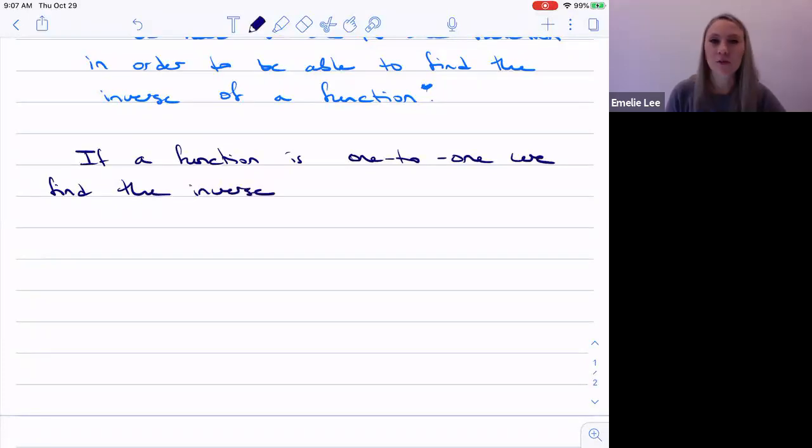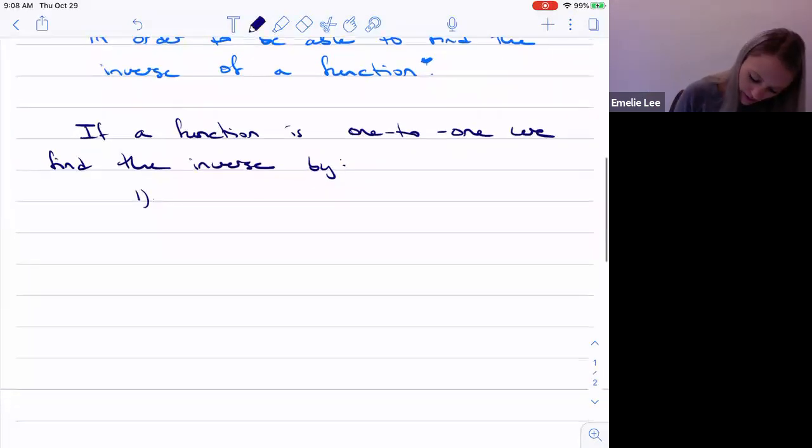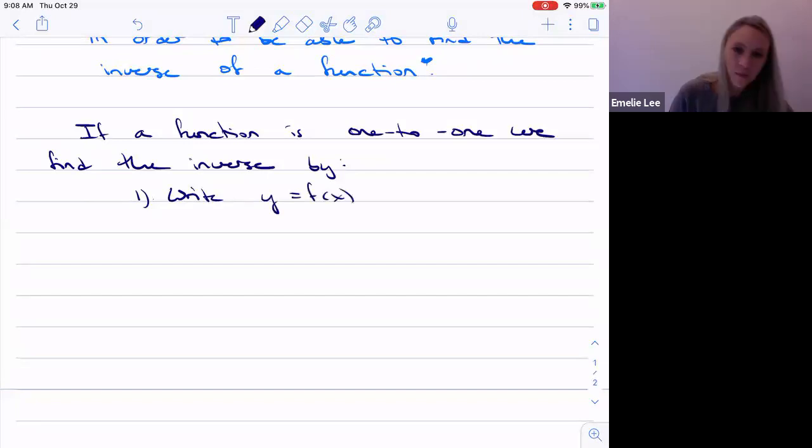And we had a couple of different ways of doing it. I'm going to stick to my way where I switch the x's and y's immediately, because then I don't have to remember to do it later, because that could mess you up. So if a function is one-to-one, we find the inverse by, your first step is going to be to write y equals f of x.